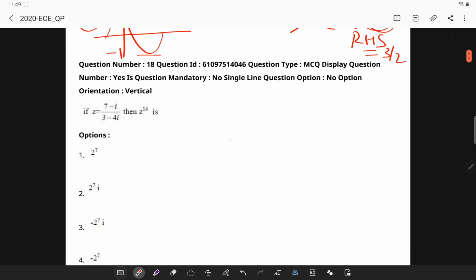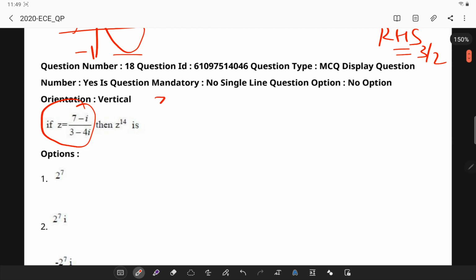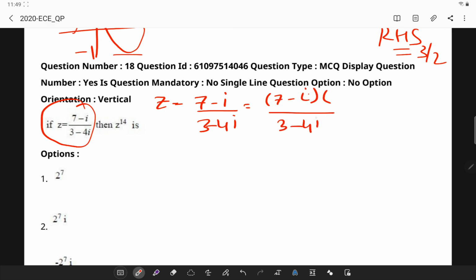Now next, this is related to complex numbers. So z is given as (7 minus i) divided by (3 minus 4i). So now I will do a rationalization. Multiply the denominator and numerator with 3 plus 4i.